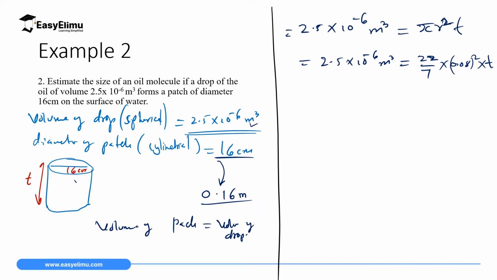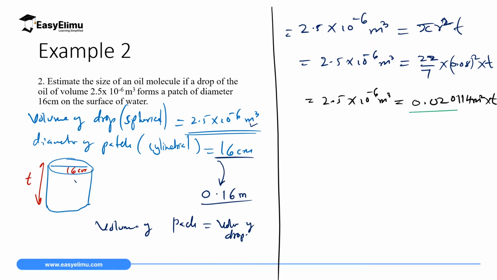So in this case, we can proceed and say 2.5 times 10 raised to power -6 cubic meter is the same as the area. Now, if we solve this one, this area will be 0.02014 square meter times T, the T that we are looking for.